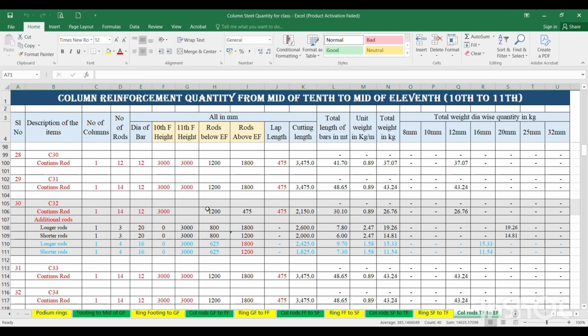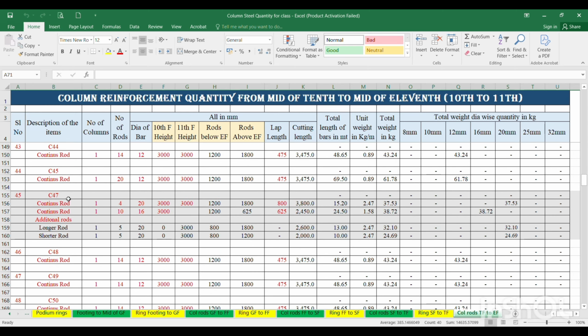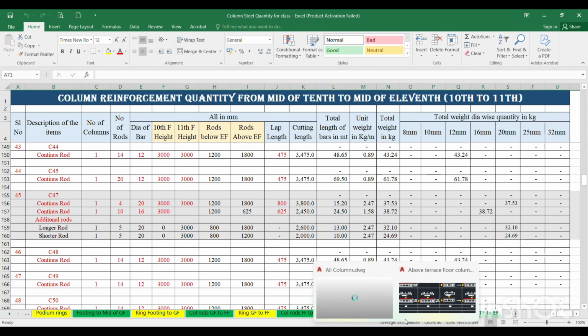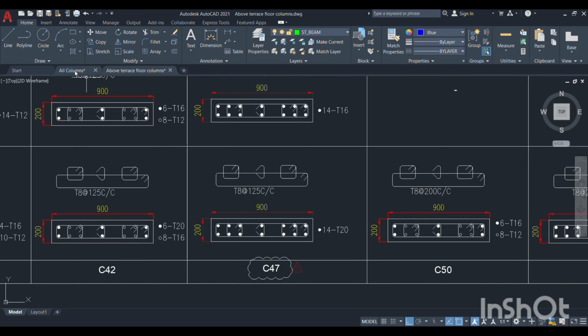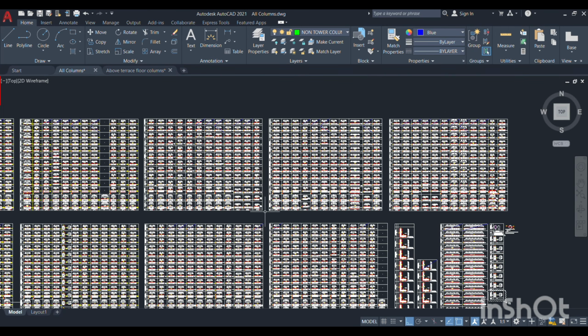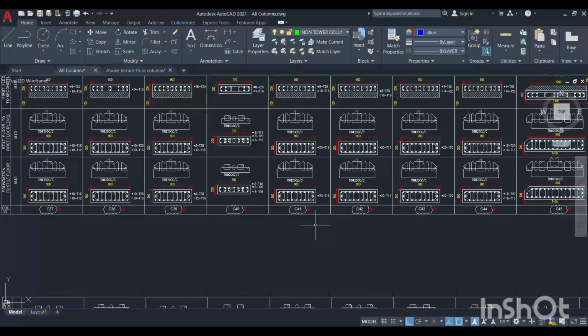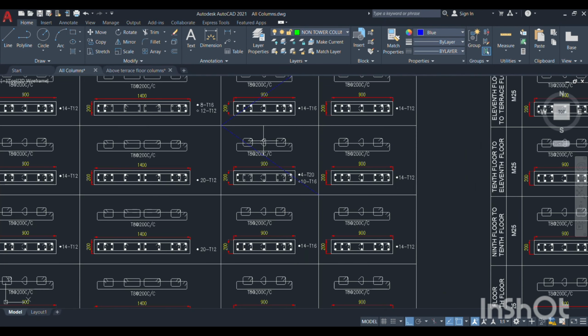The same thing, 14 number of rods are closing and adding others. And one more is there, this is C47. All 14 dia rods are also changing into C20, and here C47. What C47 is having?